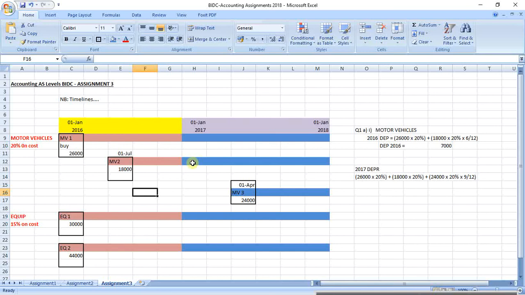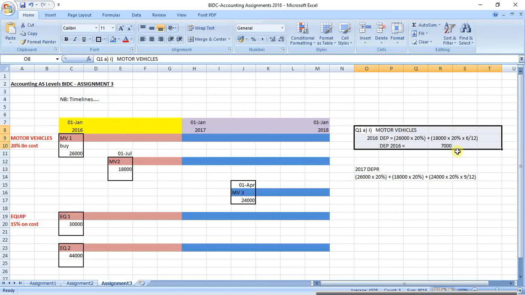So your first answer you can already write down as is. We've done it. Just actually write the question. Question 1, A1. Motor vehicles, 2016 depreciation equals.